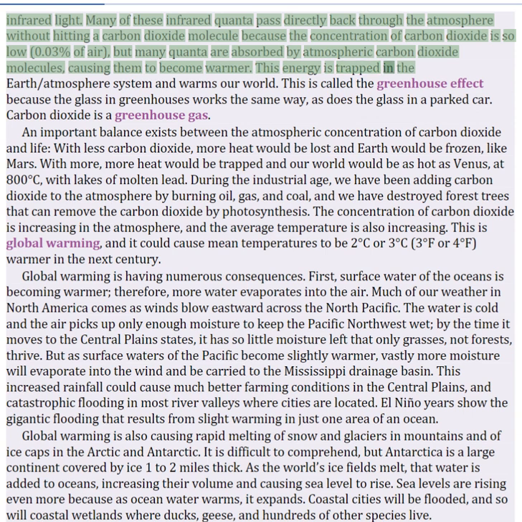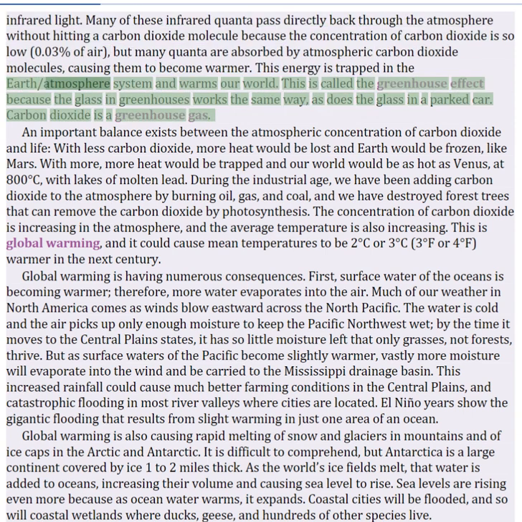This energy is trapped in the Earth atmosphere system and warms our world. This is called the greenhouse effect because the glass in greenhouses works the same way, as does the glass in a parked car. Carbon dioxide is a greenhouse gas.